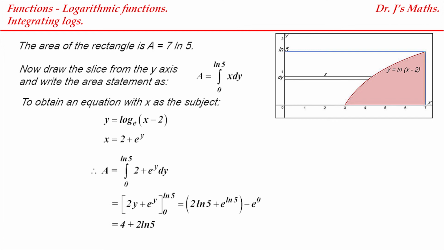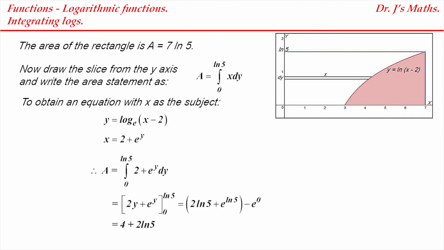Integrate: the integral of 2 is 2y, plus the integral of e to the y is e to the y. We put our limits in. Substitute, firstly the log 5, so it's 2 log 5 plus e to the log 5, minus, substituting the 0 in, the first term disappears, 2 times 0, plus e to the 0, which is always 1.